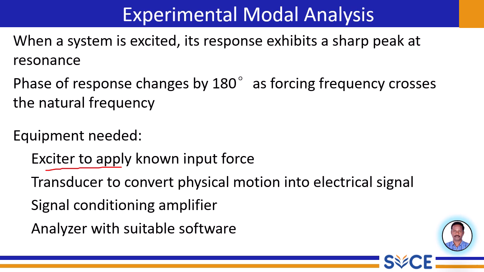This could be a variety of devices we studied in the last video lecture, such as an electrodynamic shaker that uses electromagnetic forces to impart controlled vibrations, or an impact hammer equipped with a force transducer to deliver a measured impulse, or even hydraulic actuators for larger structures. The key is that we need to be able to introduce a measurable dynamic force into the system.